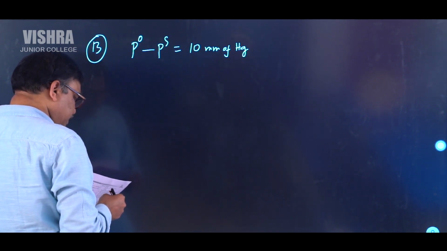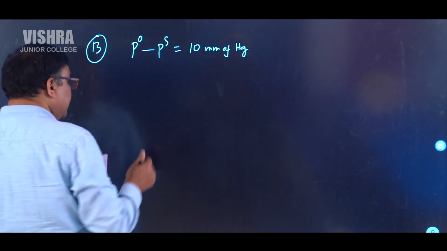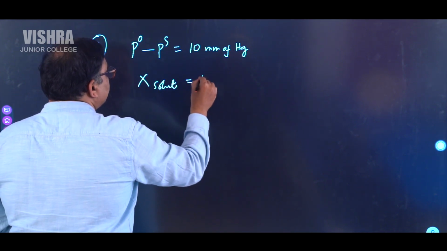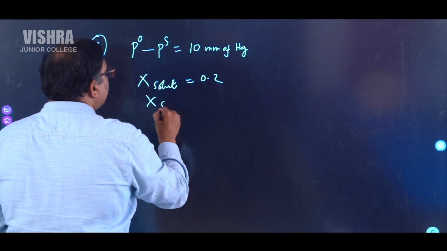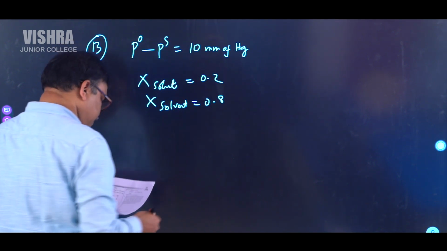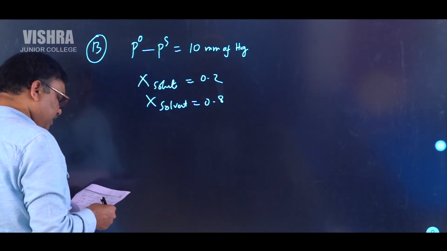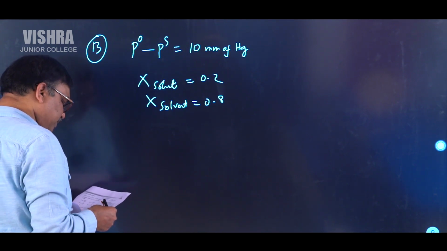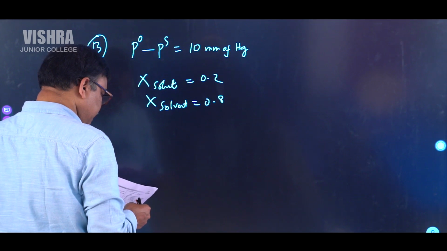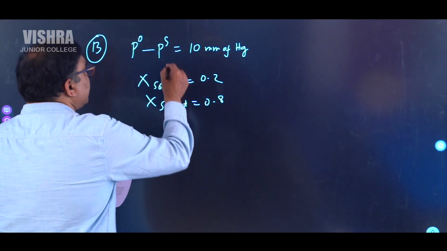Mole fraction of solute in the solution is 0.2, and mole fraction of solvent will always be 0.8 because both should add up to 1. If another non-volatile solute B is further added to the same solution, and the vapor pressure of solution decreases by... this is for A.